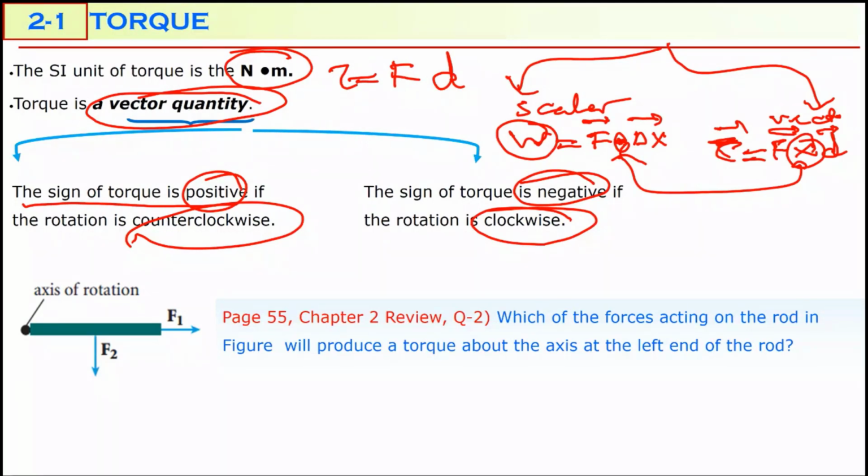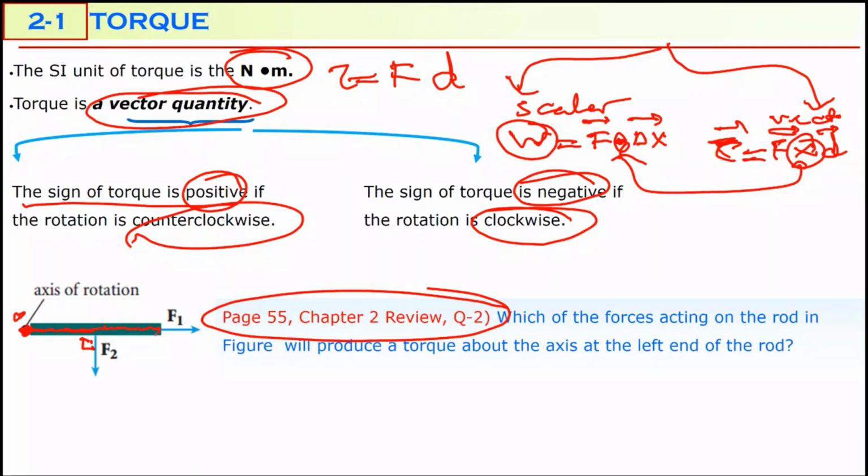And a chapter question in your book: which of the forces acting on the rod in the figure will produce a torque about the axis at the left end of the rod? So which force produces a torque, F1 or F2? F2. F2 is acting perpendicular over a perpendicular distance, but F1 is passing through the axis of rotation.